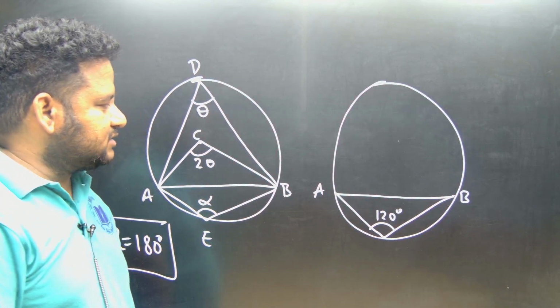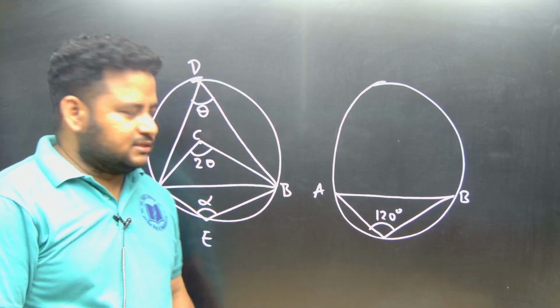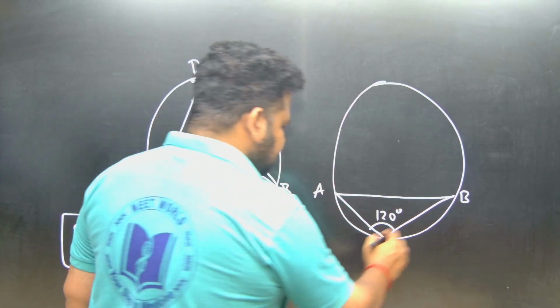Now they will ask, what is the angle made by the chord at the center? Let this be AB.